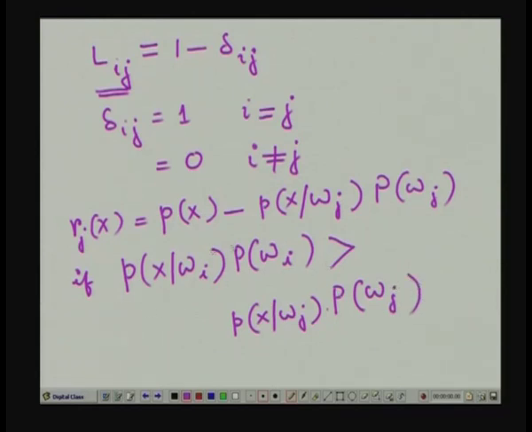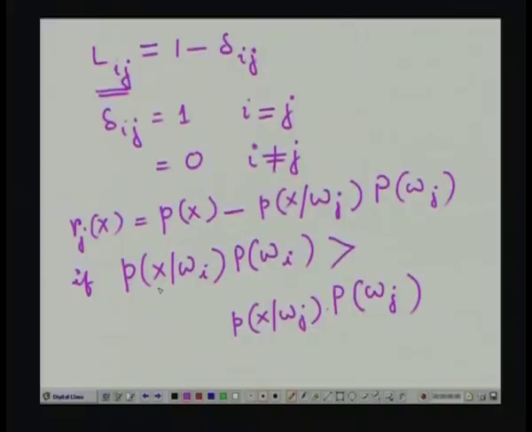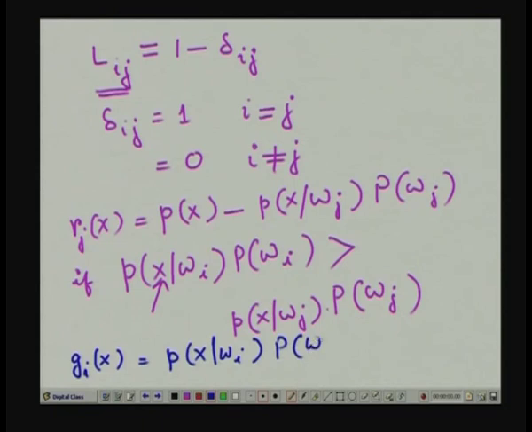Whenever such a situation occurs, the feature vector x will be assigned to class omega i. This is equivalent to having a discriminant function of the form g_i(x), which is equal to p(x | omega i) into p(omega i).